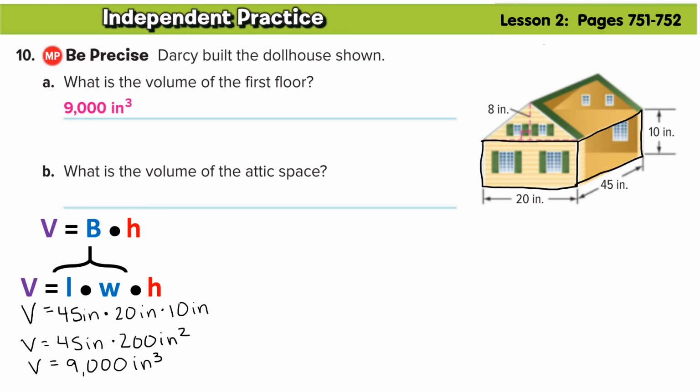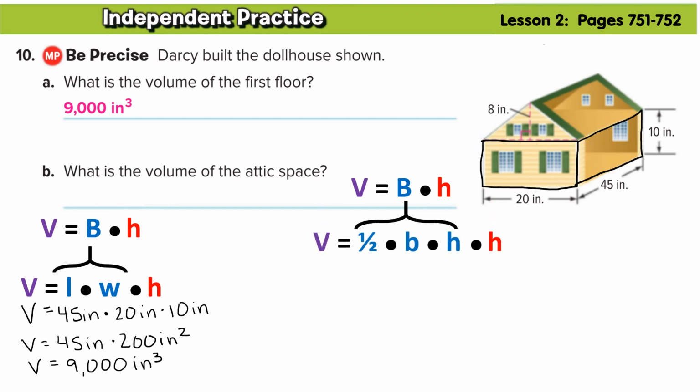Question B, what is the volume of the attic space? Now the attic is a triangular prism, so we're going to use the area of a triangle for the area of the base. So volume will equal 1/2 the base of the triangle, which is right here, which is 20 inches.